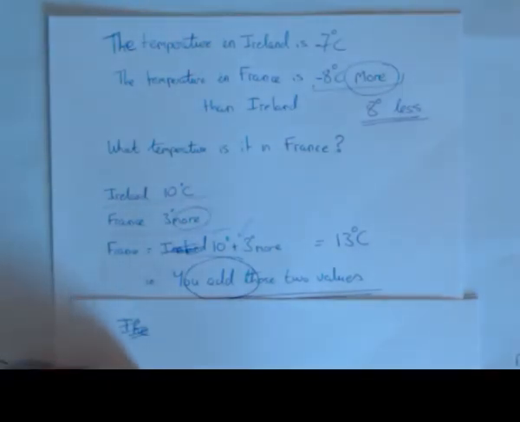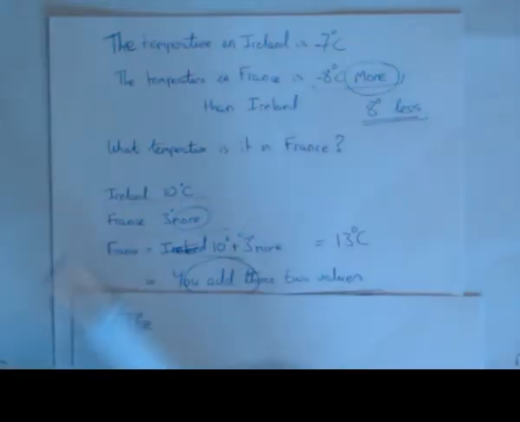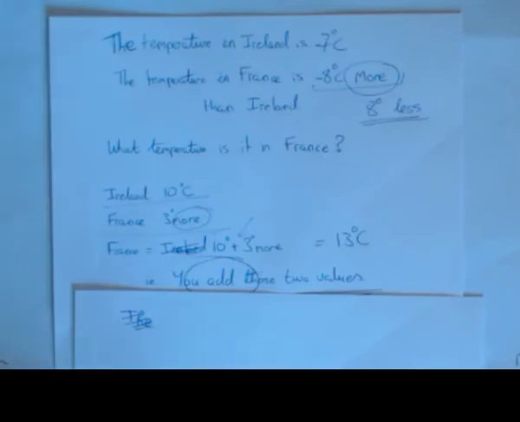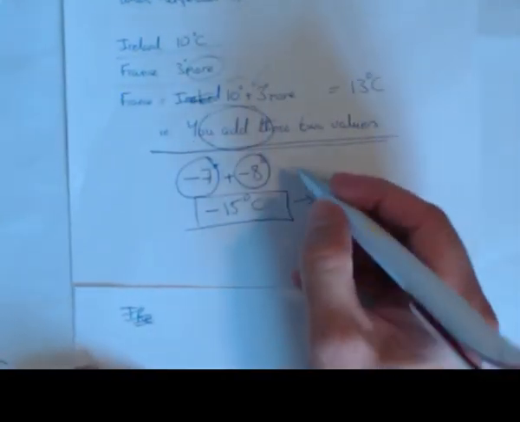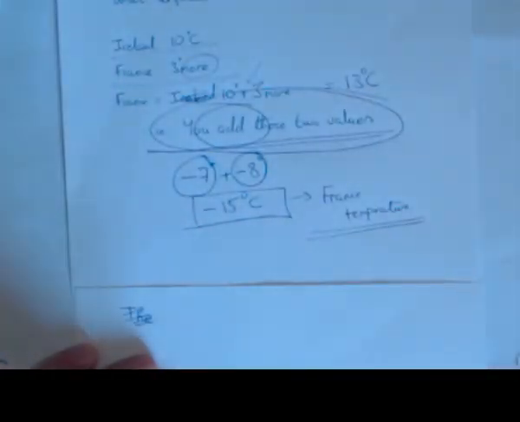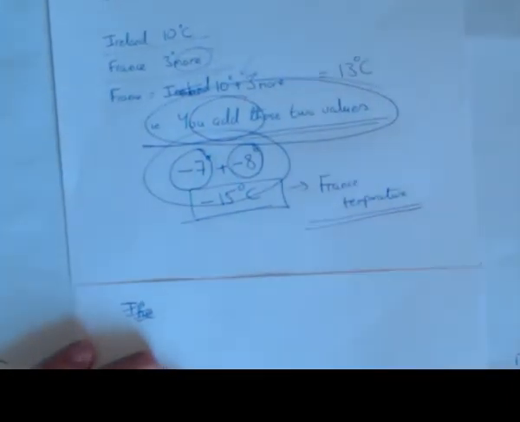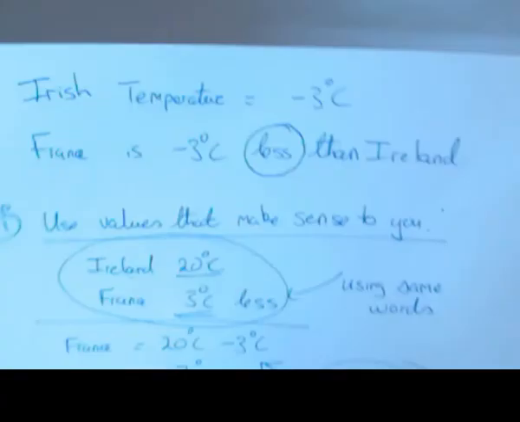But the idea is when you're using formulas, you might not have the opportunity to say more. The formula might say how many degrees more. And then you might end up with negative numbers. So you know how to deal with negative numbers. But the thing again is, what is your method? Your method was to add the numbers, and you just add the two values that you have, even though they're quite strange values to add.